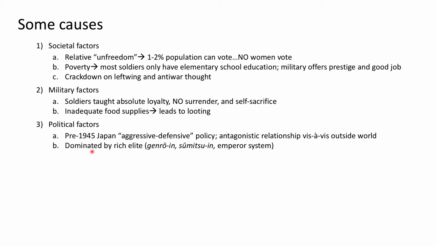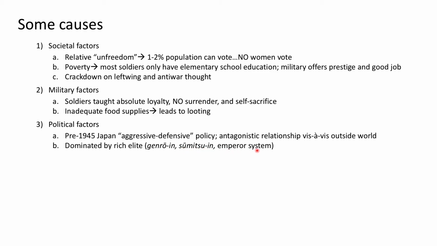Japan was also dominated by a rich elite throughout this period. The initial Meiji leaders stayed on behind the scenes in the Genro-in, also the House of Peers, the Sumitsu-in, making political decisions. These were all members of the aristocracy appointed by the emperor into these high political positions.